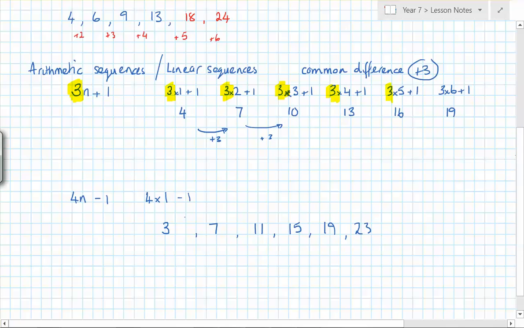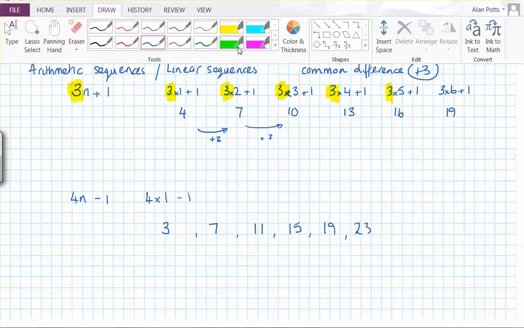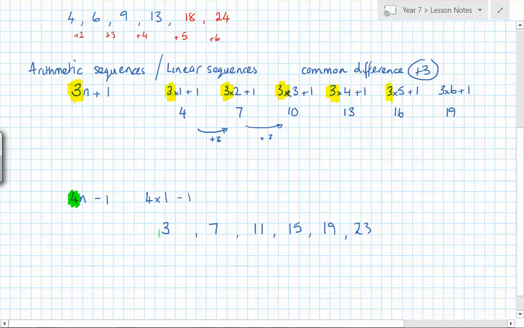So there's the first 6 terms. I know it because, as we've already said, it's 4n, so that means it's going to be plus 4 every time.